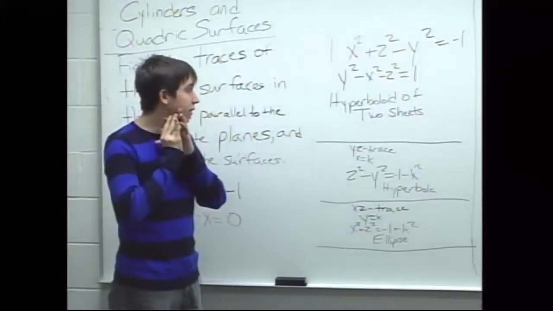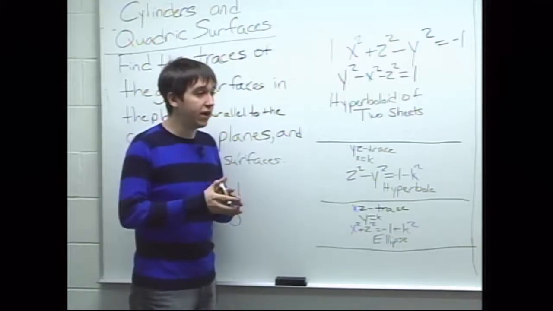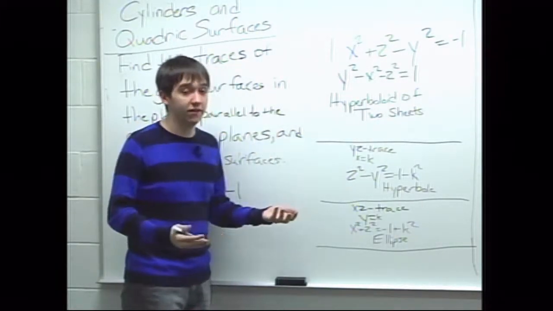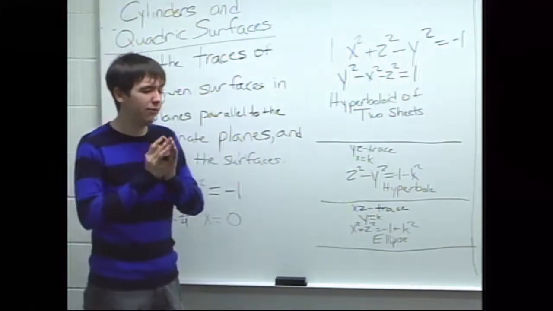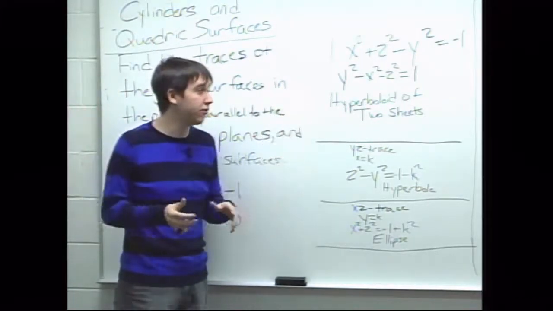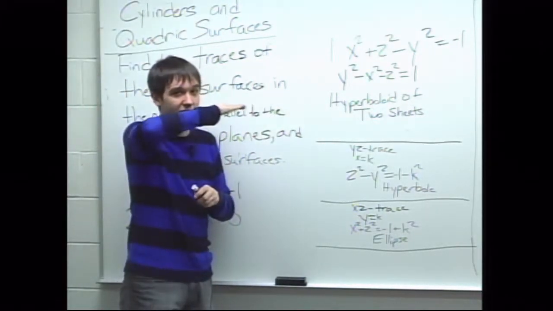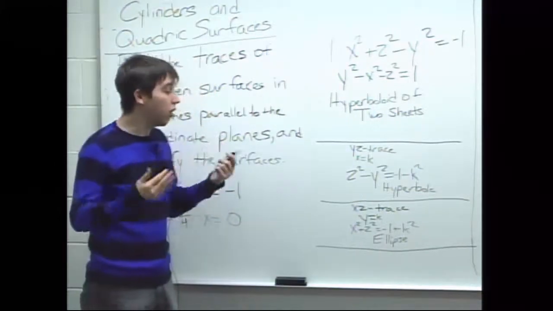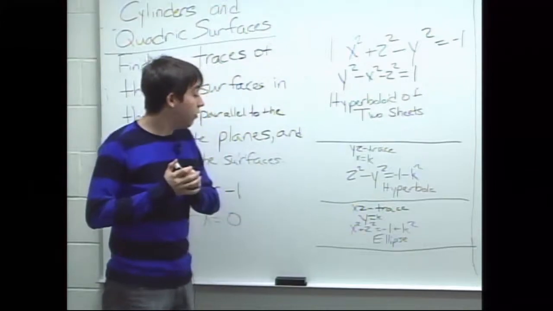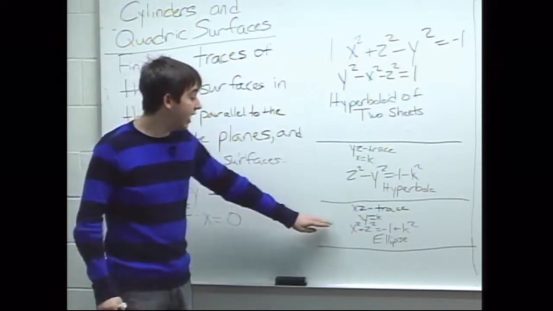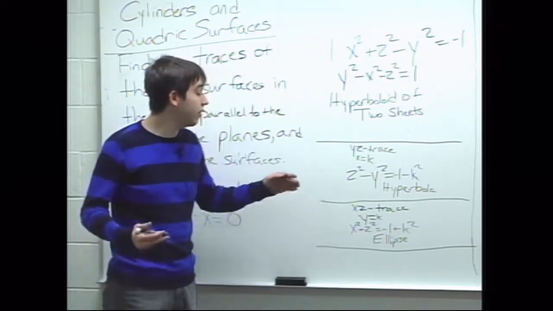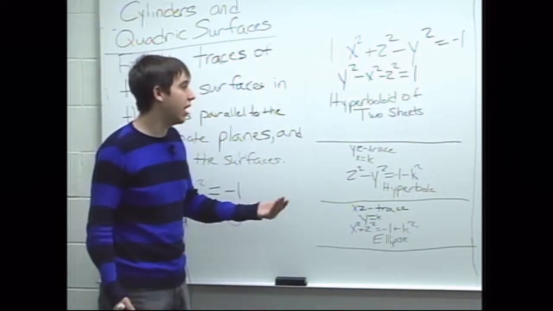So the reason why that can help you identify which shape your equation gives you is if you remember, a hyperboloid of one sheet looks like a tunnel that gets wider as it goes further out, whereas a hyperboloid of two sheets has an asymptote along one of its axes. So if you get an ellipse that is not defined for k equals 0, then you know that it's a hyperboloid of two sheets.